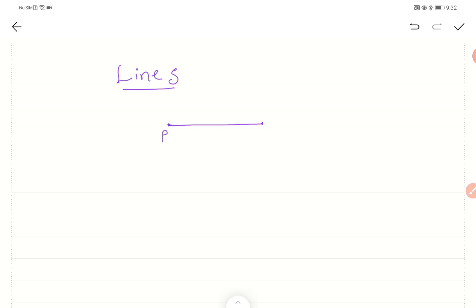If I'm saying that this is PQ, you will represent this line segment as PQ with a line on it. Now if you have a single point and an arrow on the other side, you call this a ray, isn't it?